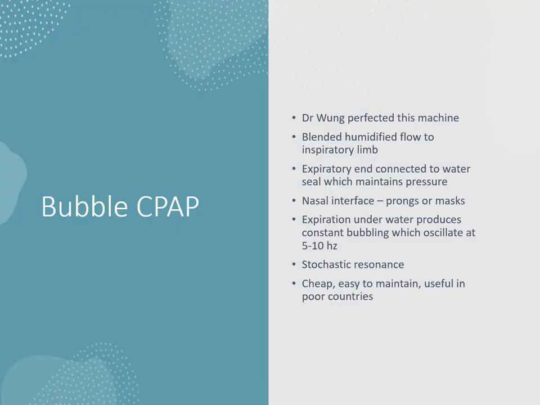So bubble CPAP is the machine that we are all very comfortable with. Dr. Wung in Columbia, New York, perfected this machine. Here, blended humidified oxygen is sent to a humidifier, heated, and then connected to the inspiratory limb. The expiratory end is connected to the water seal, which will maintain pressure. Your pressure can be changed by moving the expiratory limb in the water.